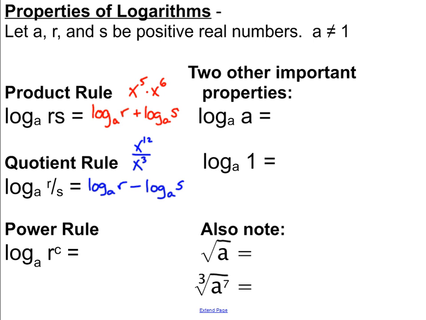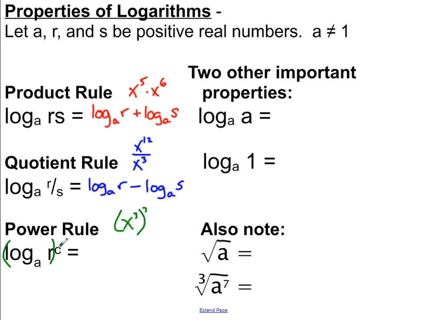Last rule, power rule. Okay, I've got x cubed raised to the seventh. We'd multiply these exponents, right? Exponent to the exponent means multiply them. Well, look what I've got here. I'm going to put parentheses around log base a of r. That's an exponent, right? It's an exponent because it's a log.